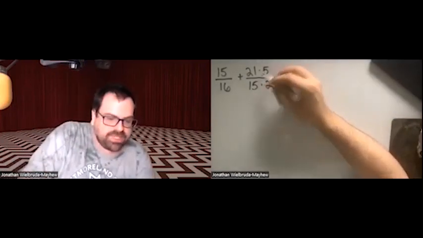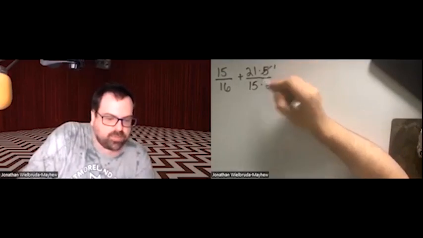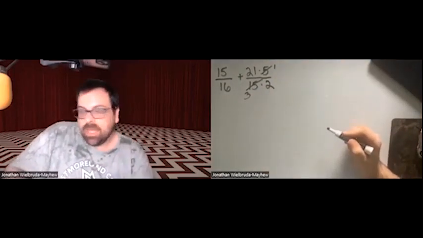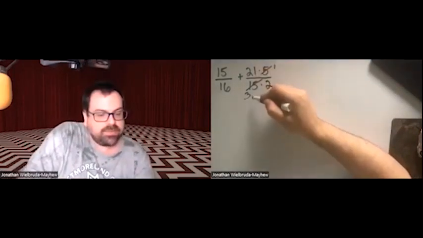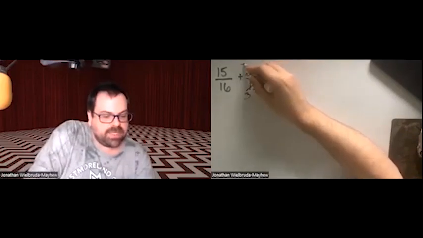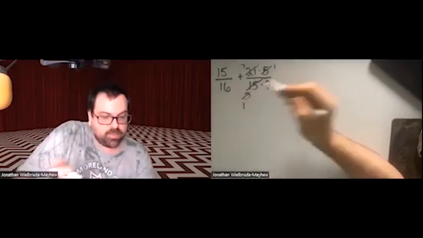So the 5 and the 15 can both be divided by 5. 5 divided by 5 is 1. 15 divided by 5 is 3. And then the 21 and the 3 can cancel. Both can be divided by 3. 21 divided by 3 is 7. 3 divided by 3 is 1.